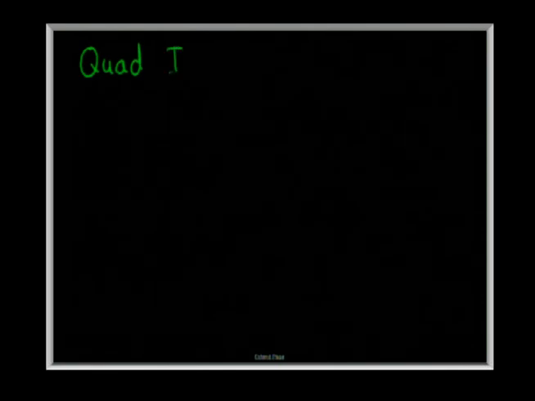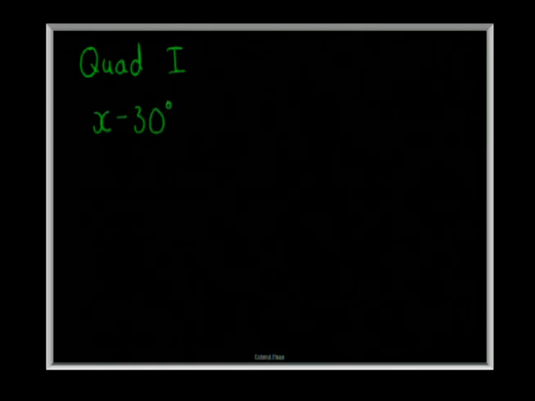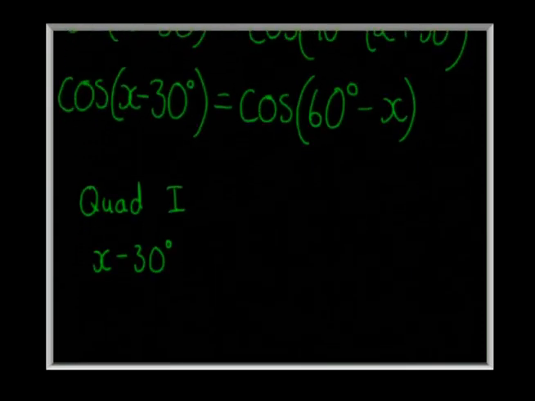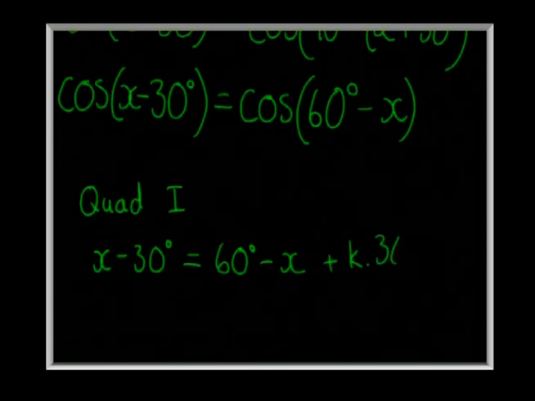So we're working in quadrant 1, where cos is positive. That means we're going to have x minus 30 degrees equals, and our other angle is 60 minus x, and we're going to add k times 360.